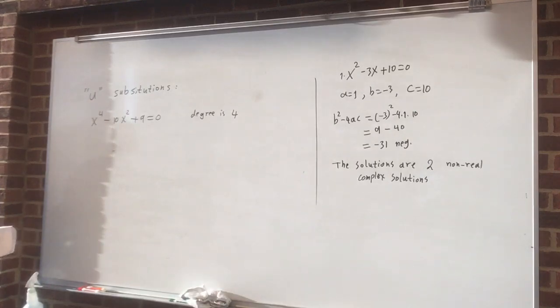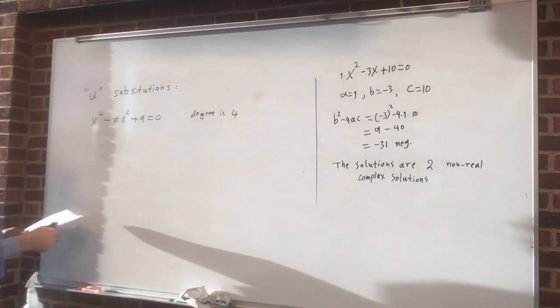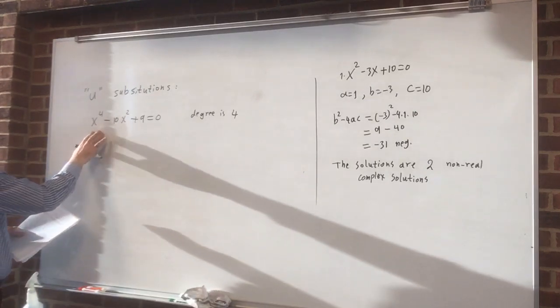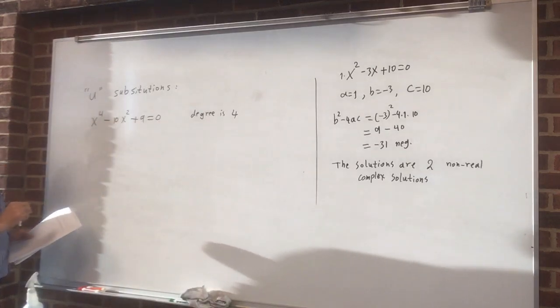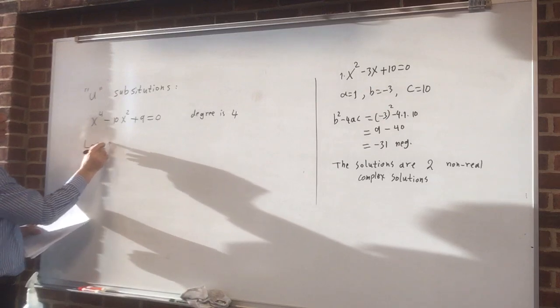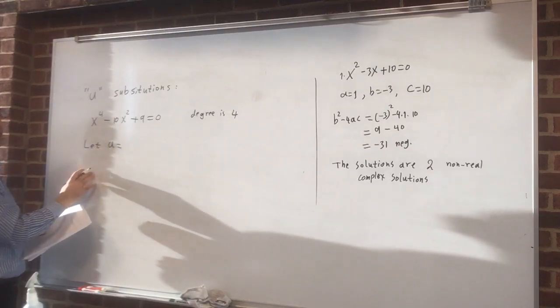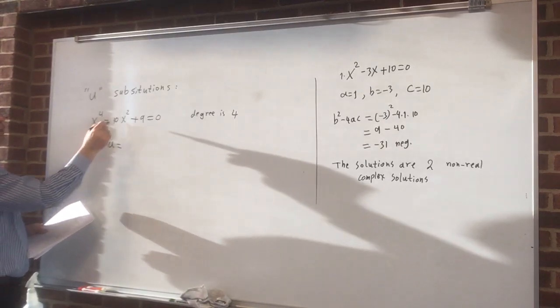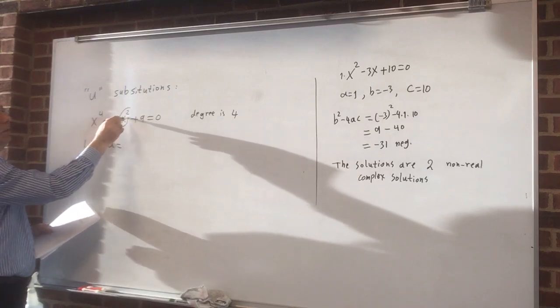Now we will solve this equation by this method. To solve by this method, we let u equal the variable in the middle term. This is the variable in the middle term.